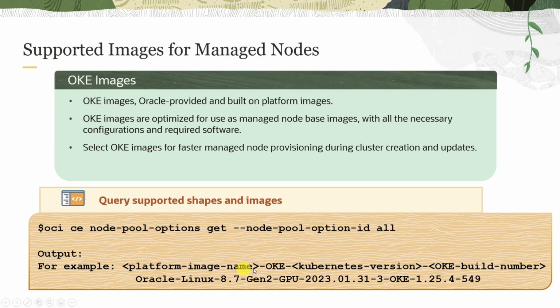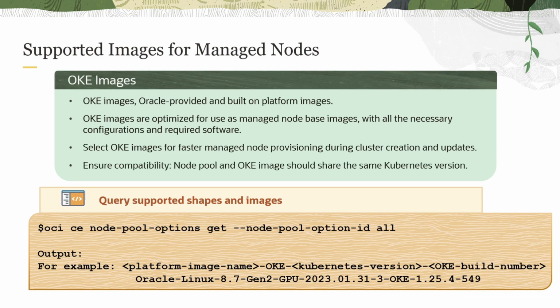For example, the platform image name here is Oracle Linux 8.7 Gen 2 GPU and the date, -OKE, hyphen the Kubernetes version, which is 1.25.4, hyphen the OKE build number, which is 549 in this case. You must ensure compatibility. If you specify a Kubernetes version when creating and updating node pools, the OKE image you select must have the same version number as the node pool.